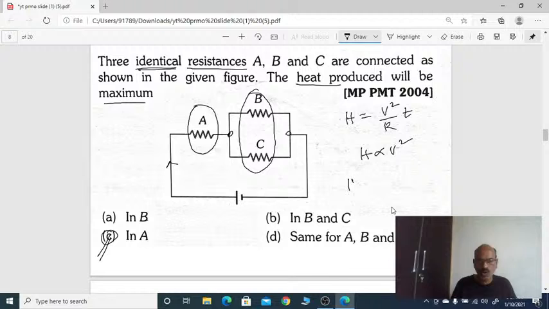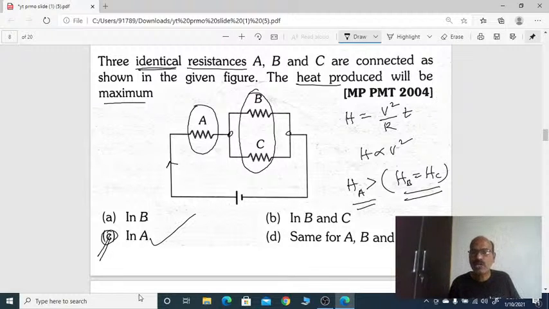So heat produced in A will be greater than heat produced in B and in C, since both are connected in parallel, so potential remains the same. That is why option C is absolutely correct. Let us go for the next one.